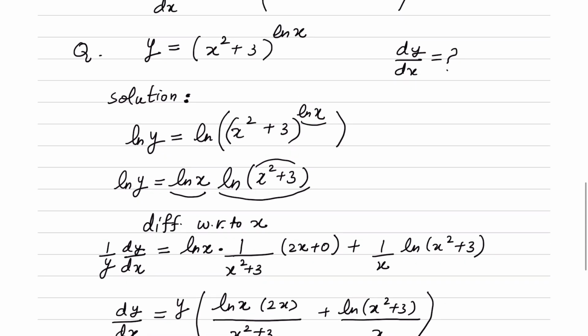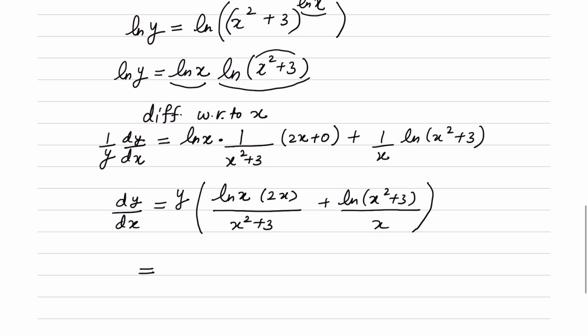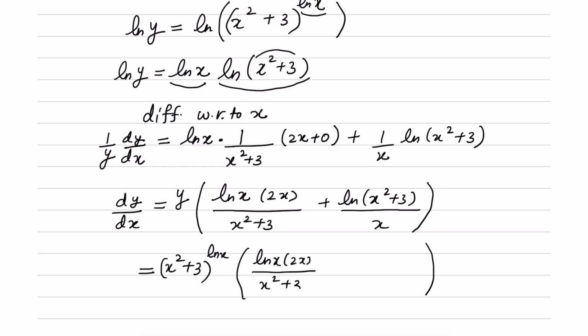We had y equal to (x square plus 3) whole power ln x, which we will replace here, (x square plus 3) whole power ln x, and inside we have ln x into 2x divided by x square plus 3 plus ln of x square plus 3 divided by x. So we have found dy by dx by using logarithmic differentiation.